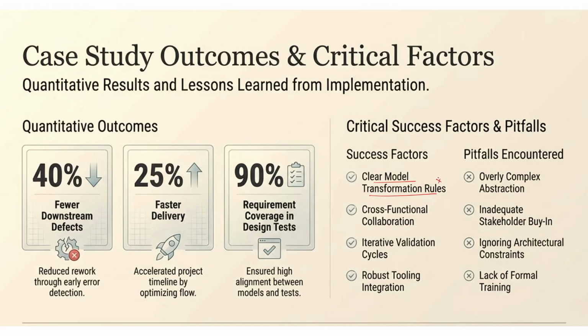This is very, very important, and cross functional collaboration is expected, and there is an iterative validation cycle. So this is not a one step process, you do it again and again, and at the nth step maybe you can create a better design model, and there is robust tooling integration. It has very good integration when it is attached.